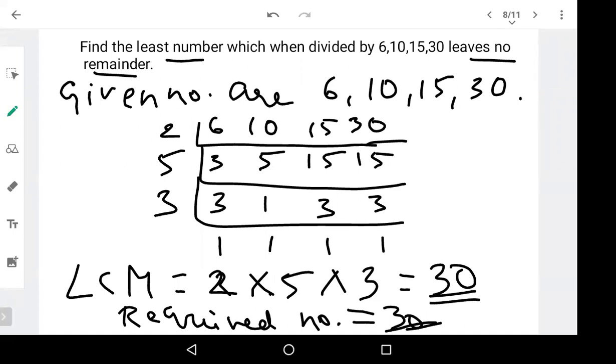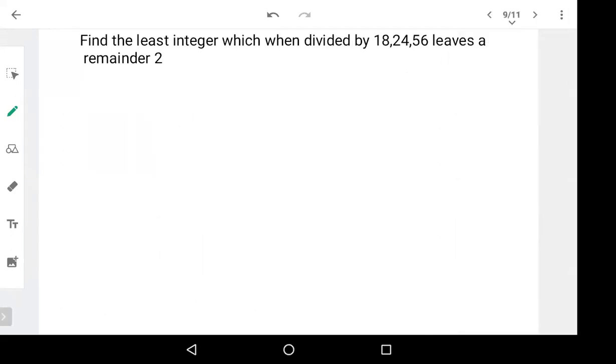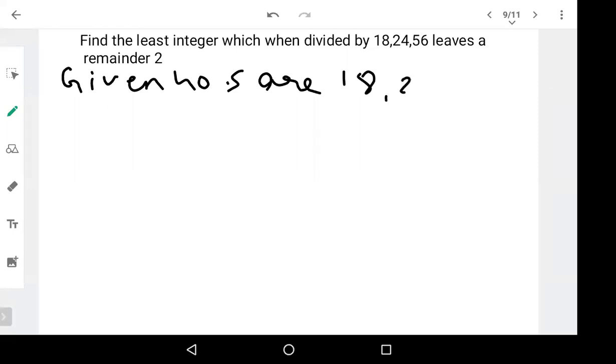Okay, we will solve one more problem similarly, but here there is a remainder of 2. Okay, so first step, given numbers are 18, 24, 56.